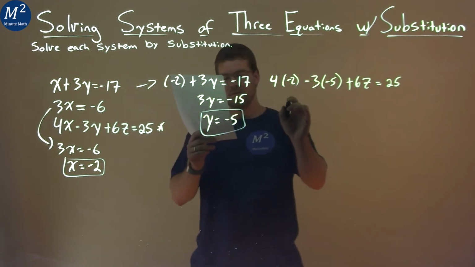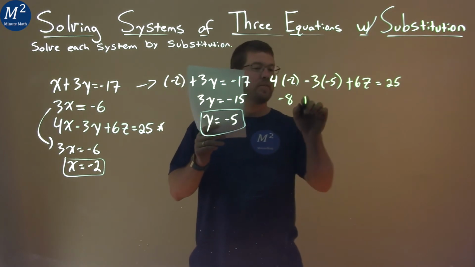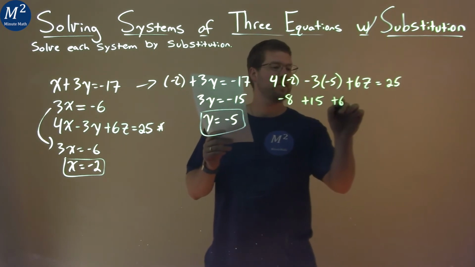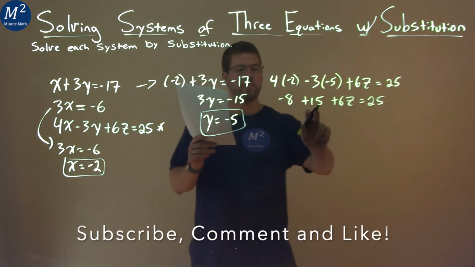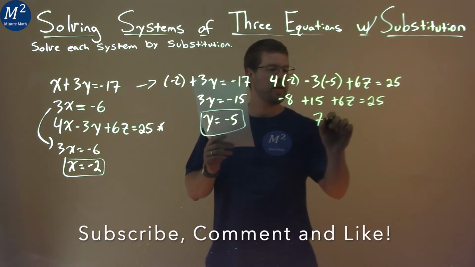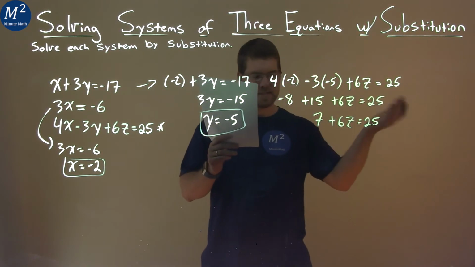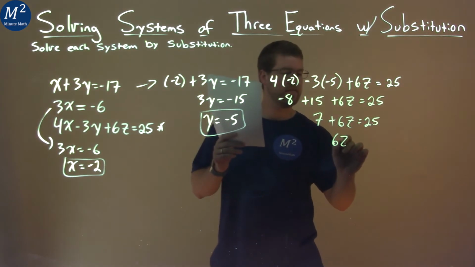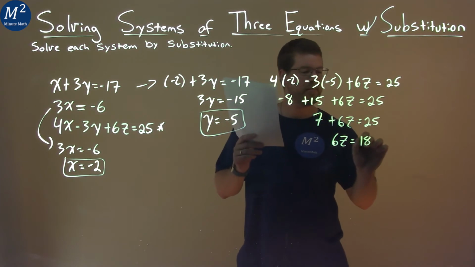4 times negative 2 is negative 8. Negative 3 times negative 5 is a positive 15. Plus 6z equals 25. Negative 8 plus 15 is a positive 7, plus 6z equals 25. Subtract 7 from both sides. 6z equals 25 minus 7, which is 18.